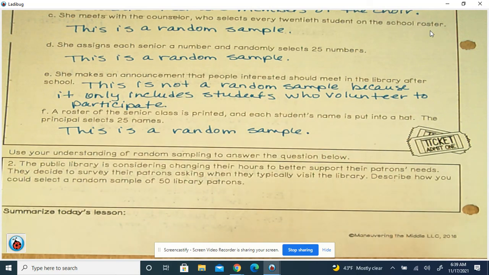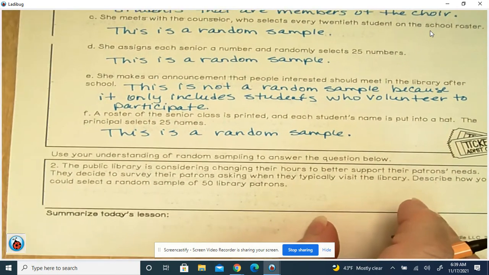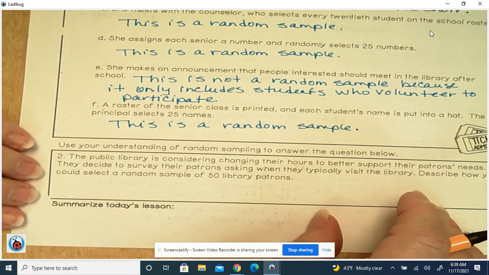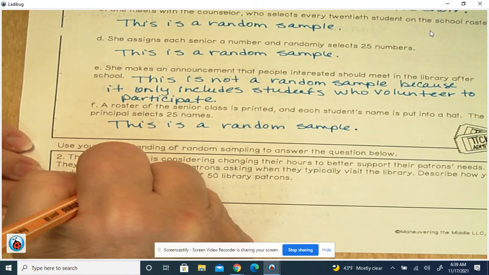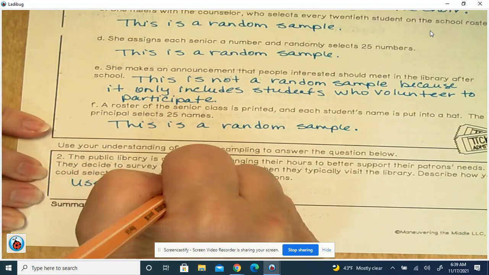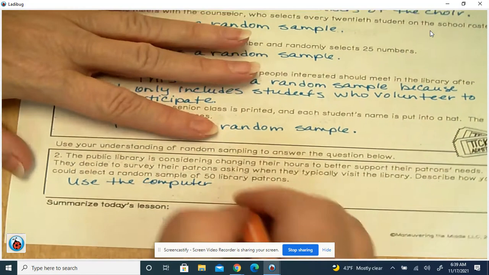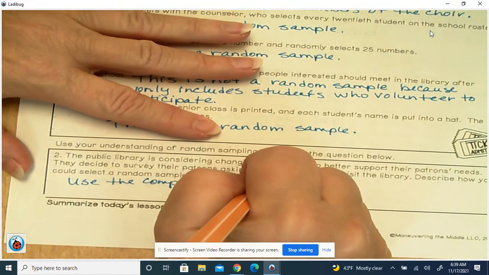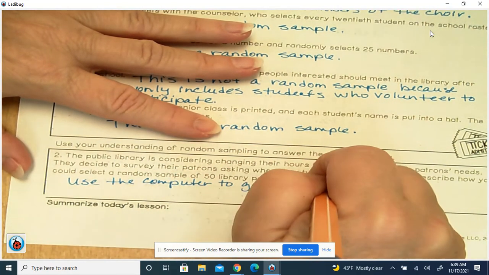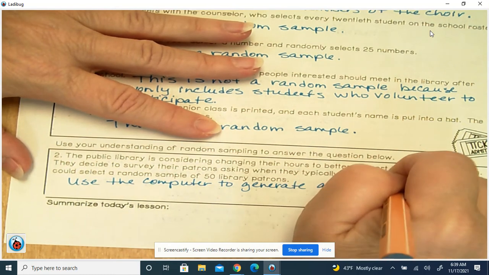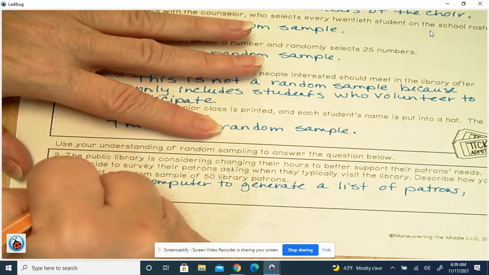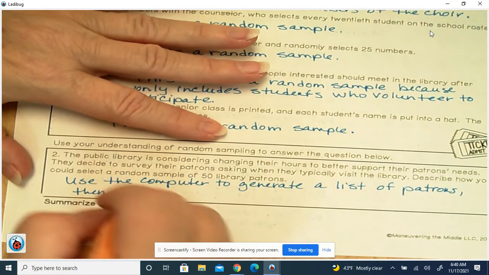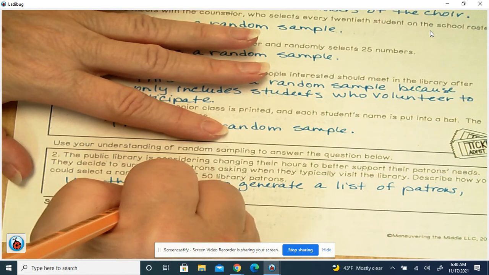Describe how you could select a random sample of 50 library patrons. Okay, we could use the computer, right? Use the computer to generate a list of patrons, and then randomly select 50 to survey.